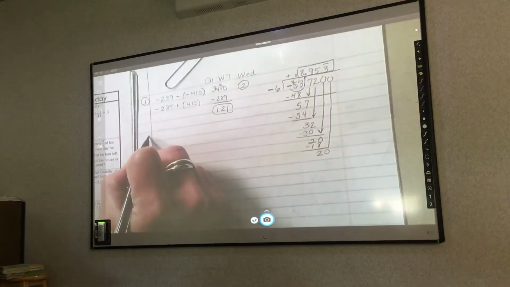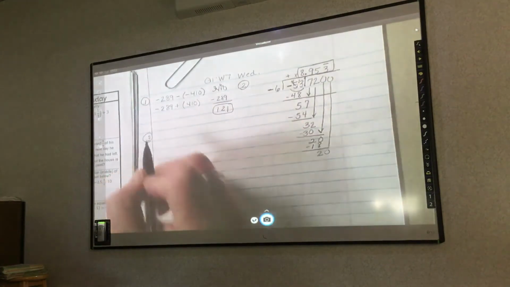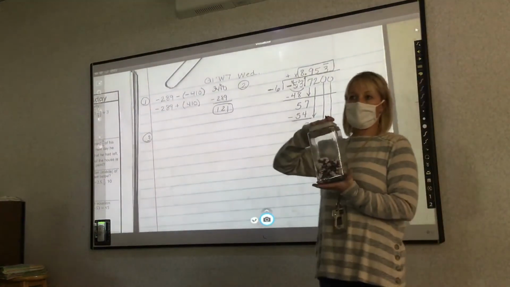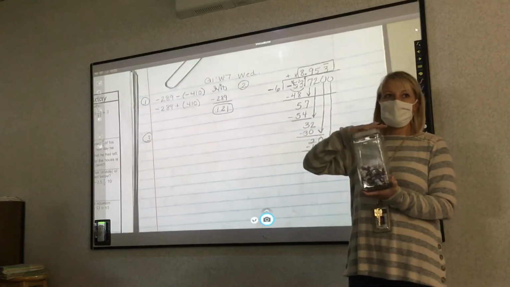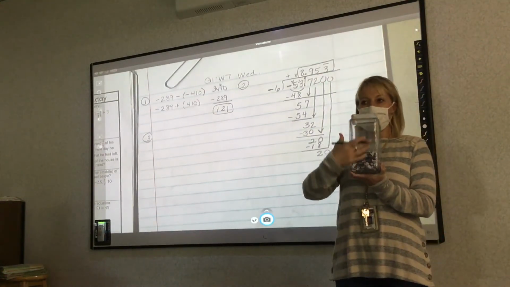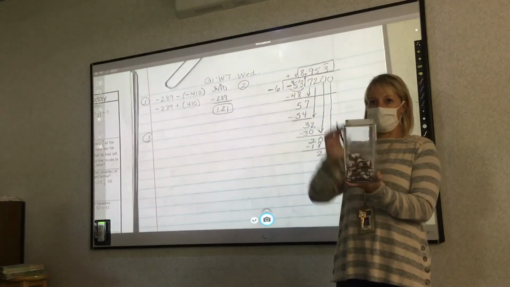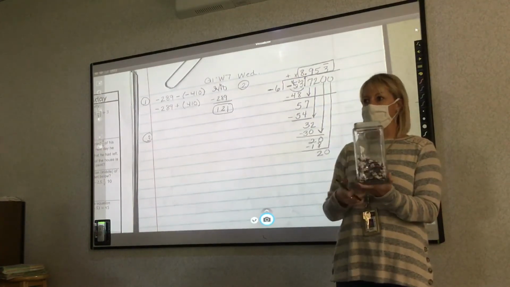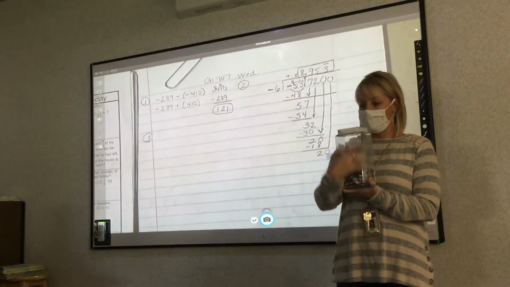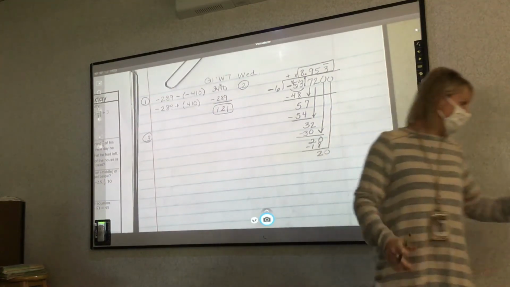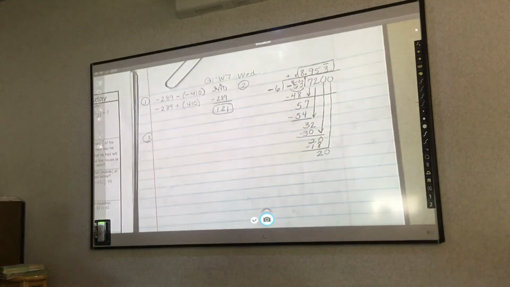Number 3. I said that you could skip number 3, but I'm going to go over it quickly. When we're talking surface area, pretend this is a cube, even though it's a rectangular prism. The surface area is all of the sides: the area of the front, the side, the back, this other side, and the top and the bottom, right? The area of each of those added up. But because it's a cube, they're all going to be the same, right?